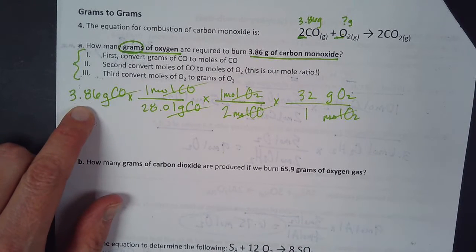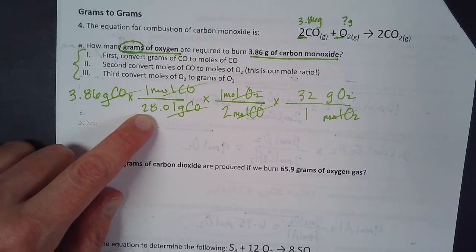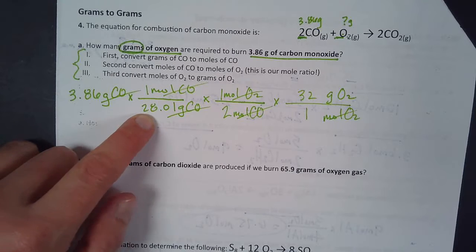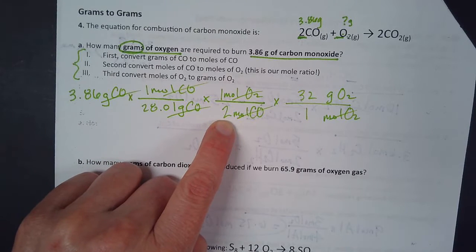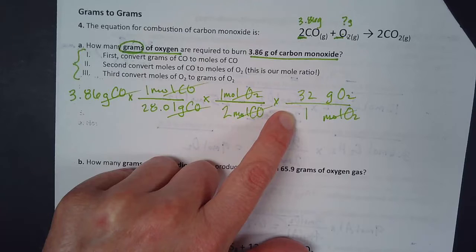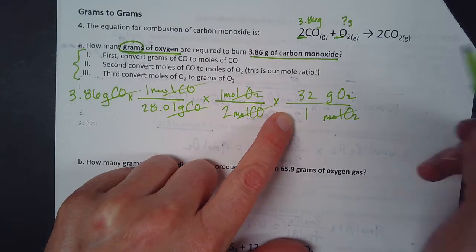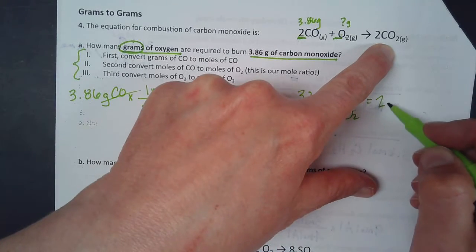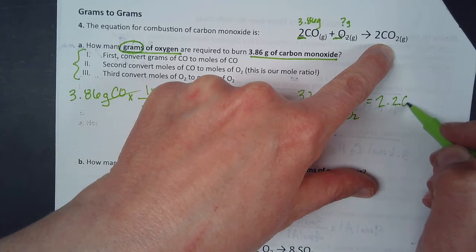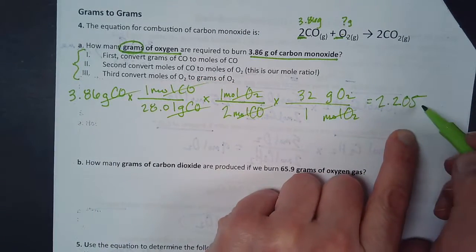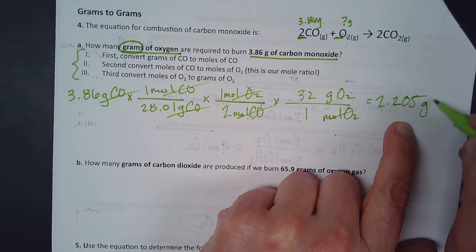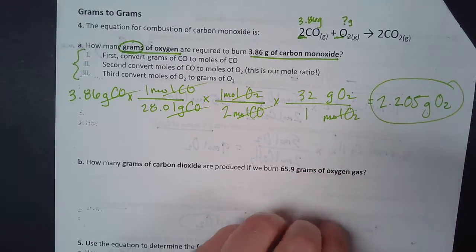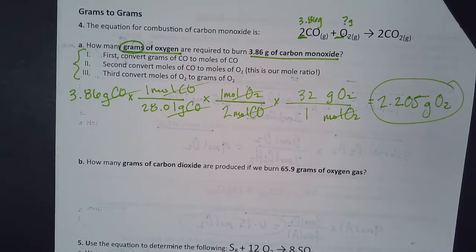So we're going to take 3.86, divide by 28.01, divide by 2, multiply by 32, and you should get 2.205. We're going to go 3 decimal places. Grams of O2. Isn't that nice and pretty?